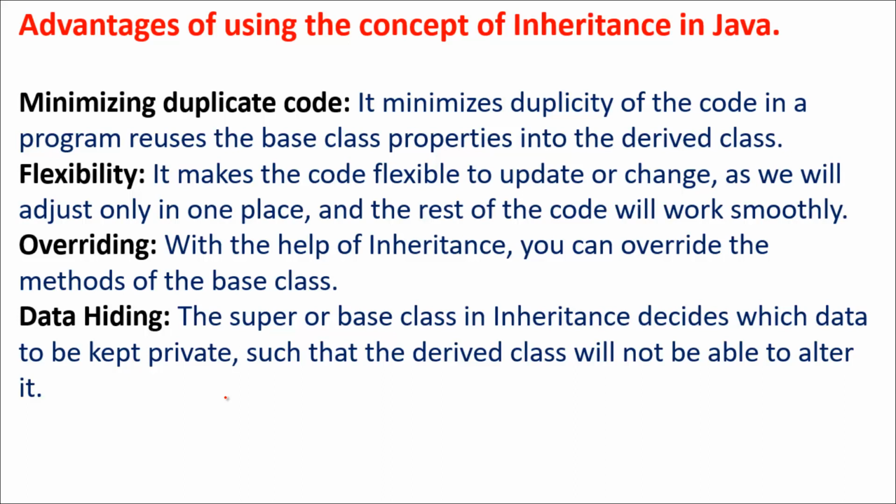So here data hiding is there, that means encapsulation has been done. So these are the four main advantages of inheritance in Java, or in any other language, but particularly we are concerned with Java.